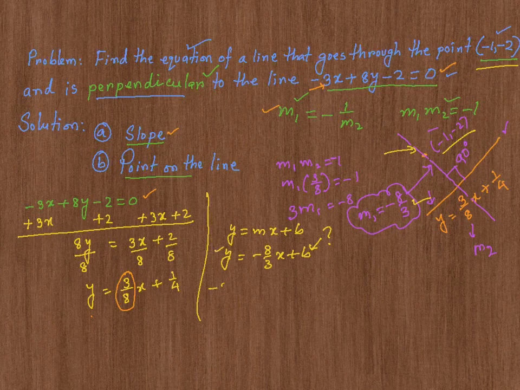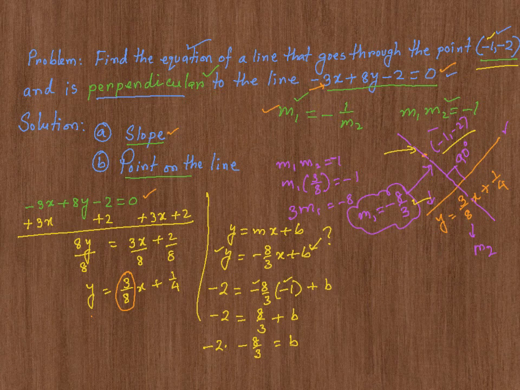So y is -2, which is equal to -8/3 times -1, because x is -1, plus b. So -2 = 8/3 + b, since a negative times a negative is positive. Now I subtract 8/3 from both sides, so -2 - 8/3 = b.